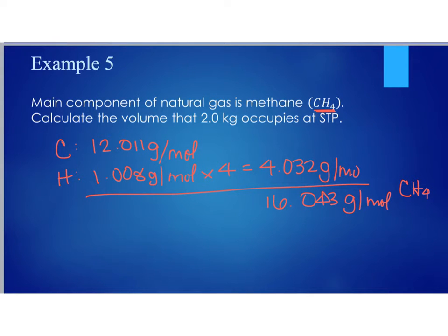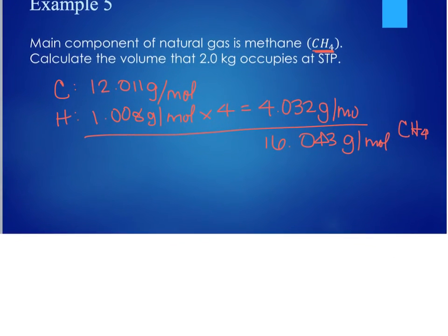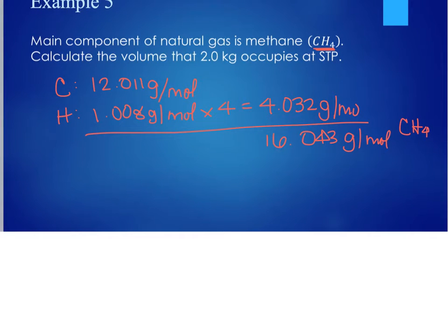So now I have my grams per mole in this case. Now what I have to do is look at what else I was given. If you notice, the problem wants us to find the volume that 2 kilograms of methane gas is going to occupy. So my 2 kilograms, I need to convert that to grams.